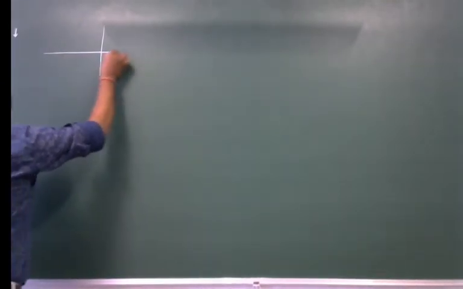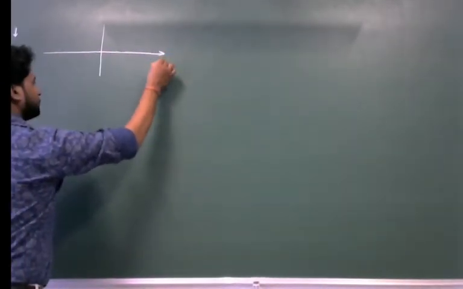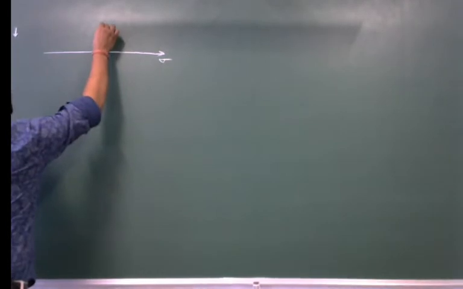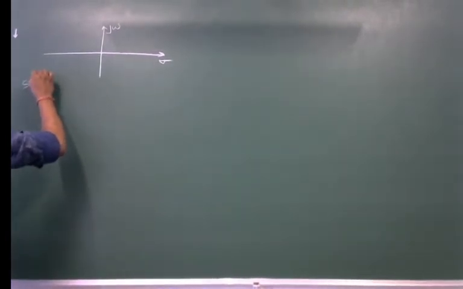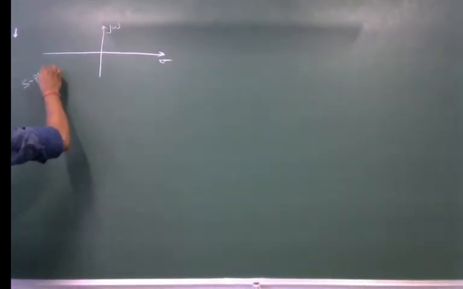Here, this is the S plane, this is sigma, and here it is j omega. Similarly, we can find the region of convergence for the Z transform also.